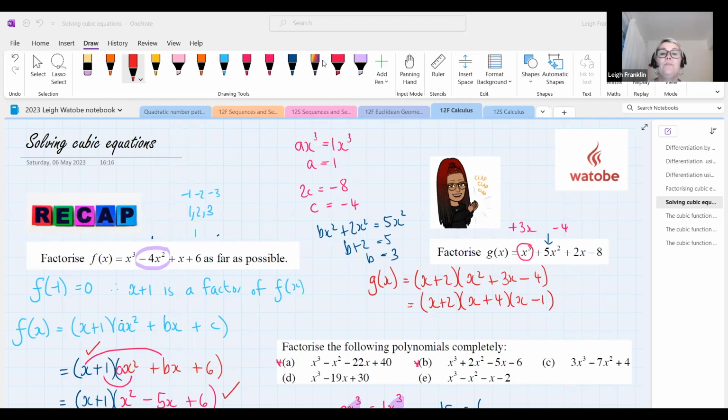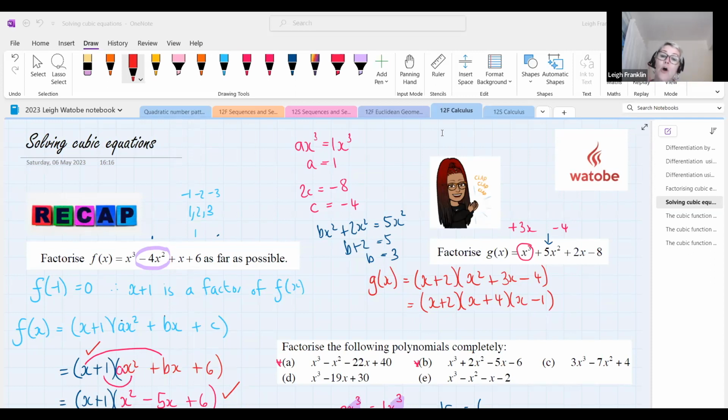Okay. Now, maybe what I'm going to say next is going to help with Nhlanhla and Onwaba and some of the people that have put messages into the chat. Guys, if you have a look at your second line of working, are your factors the same as Amahle's? Do you have x plus 2 times x plus 4 times x minus 1?